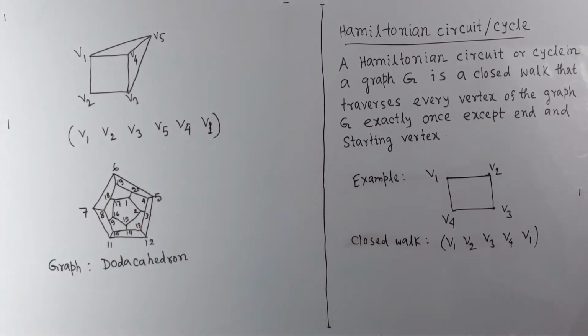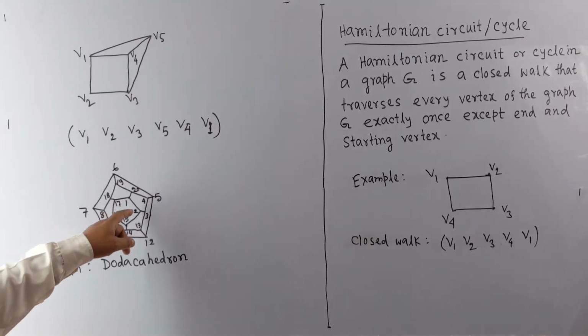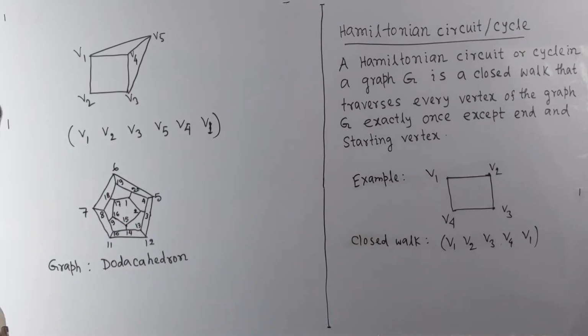We make a closed walk so that we may go through each vertex exactly once, except starting and end vertex. Here the names of the vertices are 1, 2, 3 and so on.